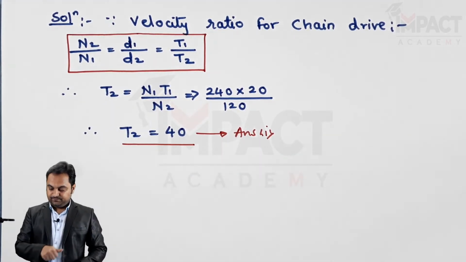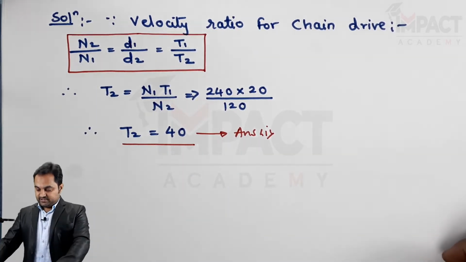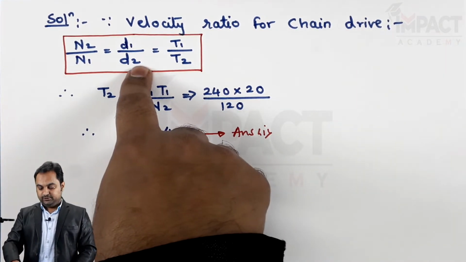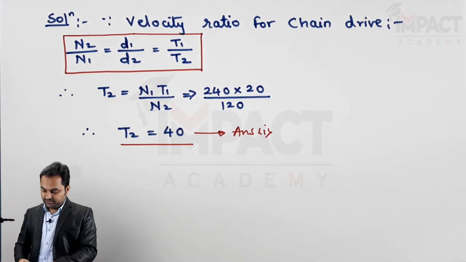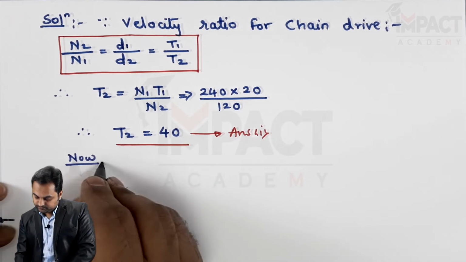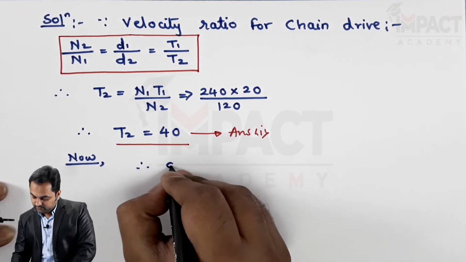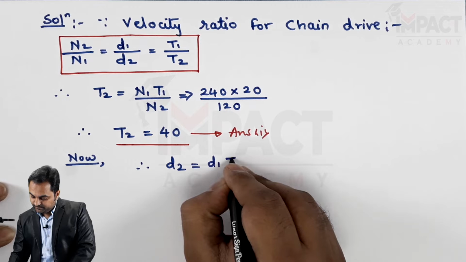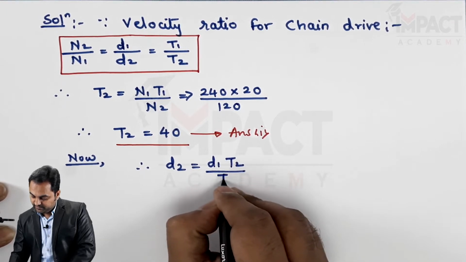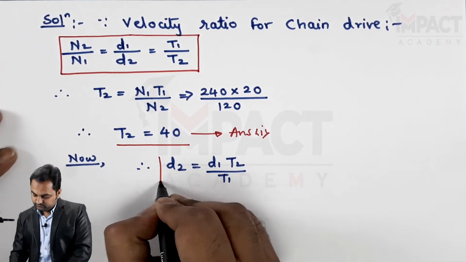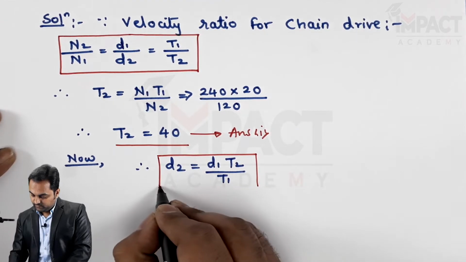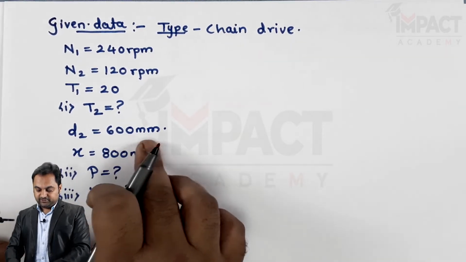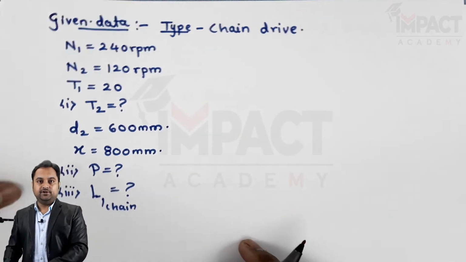The first answer. Next, once I have calculated the value of T2, I'll also calculate D2 from the same formula, same concept. So therefore D2 is equal to D1 into T2 divided by T1. And now when I look into this problem, the value of D2 has already been given, so we can find D1 from here.